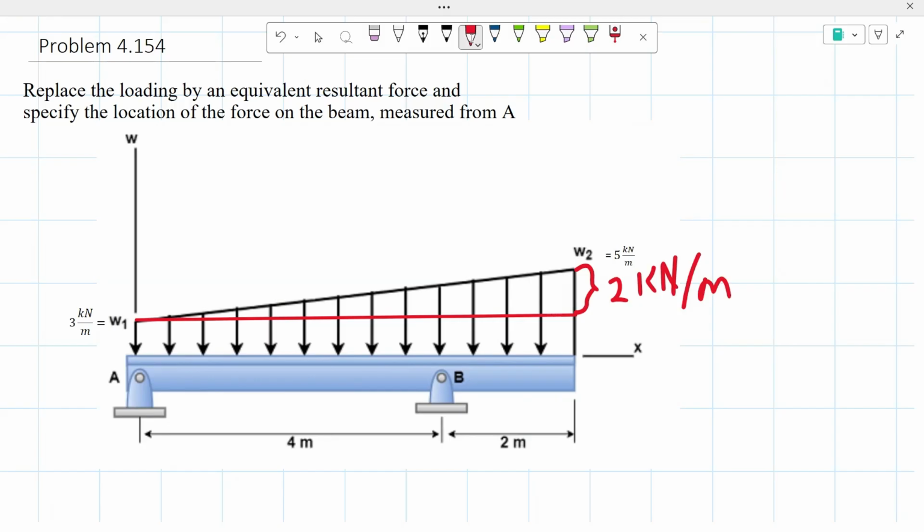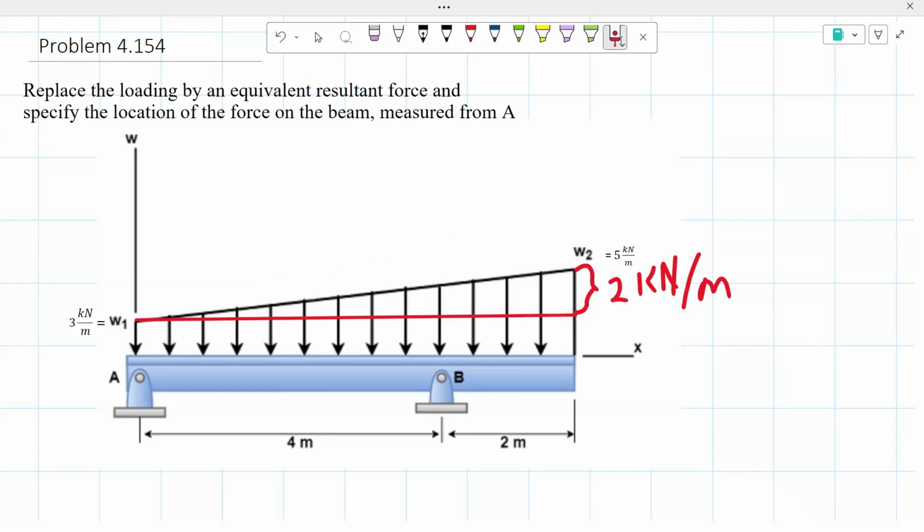So now we're going to be determining those two concentrated forces. We know that for a right triangle, better said, from the tallest side of the triangle, the location is going to be 1/3 in, or from the smallest height of the triangle, it's going to be 2/3 in.